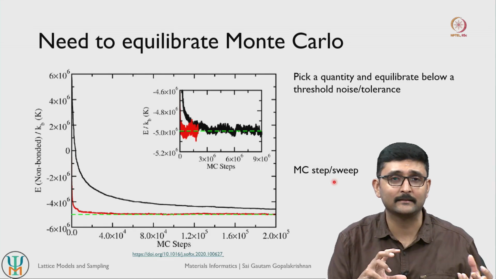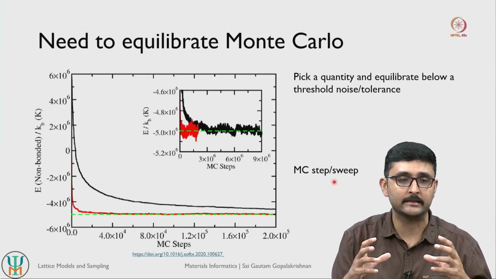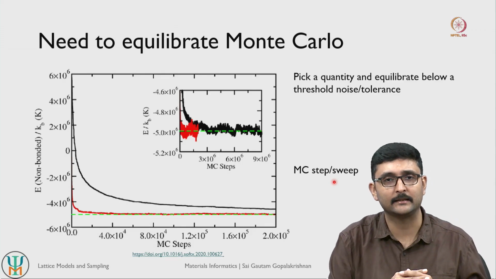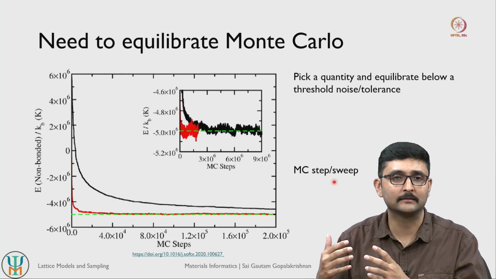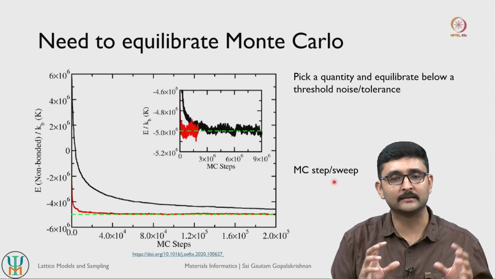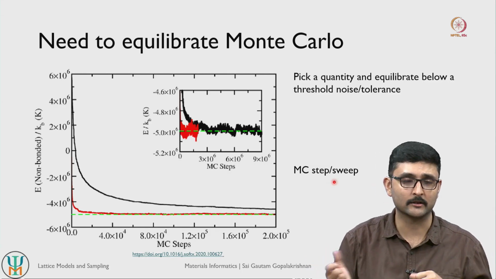There is also one thing you should note in equilibrating Monte Carlo in terms of terminology. Some people report the number of steps that they use for equilibration. Some researchers use the terminology of sweeps, right. This has similar connotations to iterations and epochs in machine learning models.